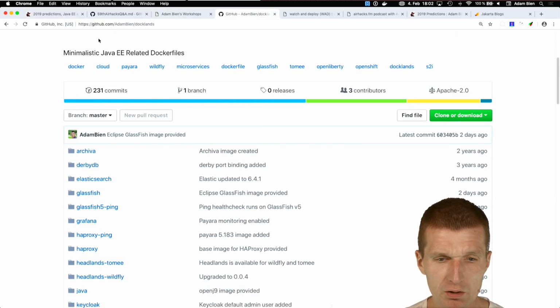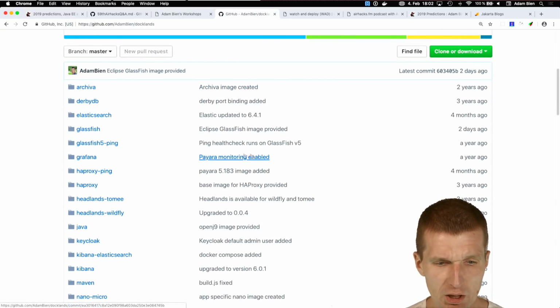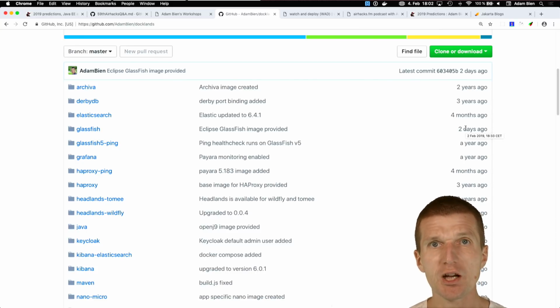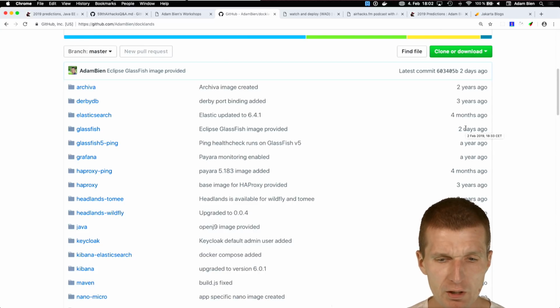First, the Docklands got a new image, and the image is glassfish. So you see, it's a fresh two days old, and this is the Jakarta EE glassfish. I tested that very briefly. It's fast, works nice, and I already pushed the image to Maven Central.